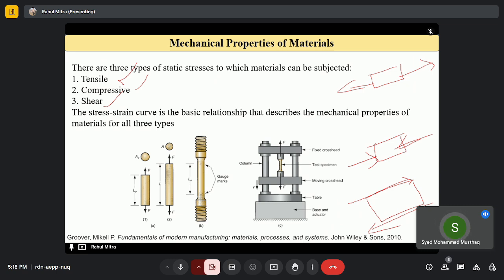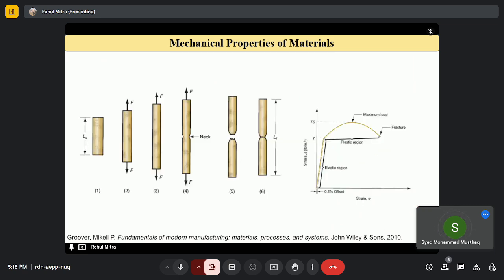Coming back to the material, this capability depends upon the properties such as elastic modulus and yield strength. So let's go to the elastic modulus. What is elastic modulus? Suppose this part of the curve, this is the stress strain diagram for, let's say, the conventional metals.